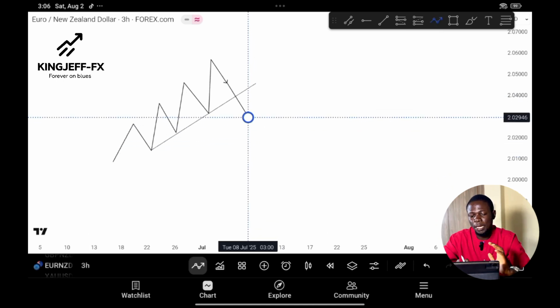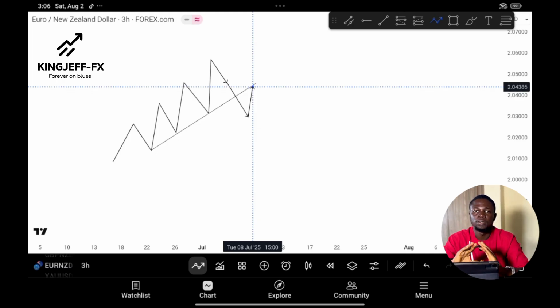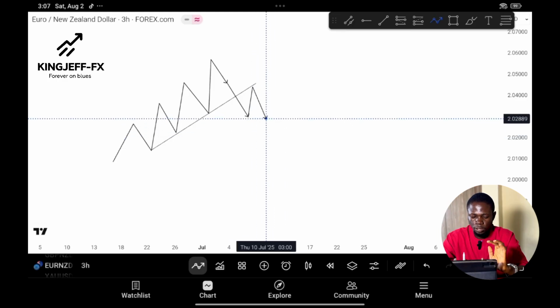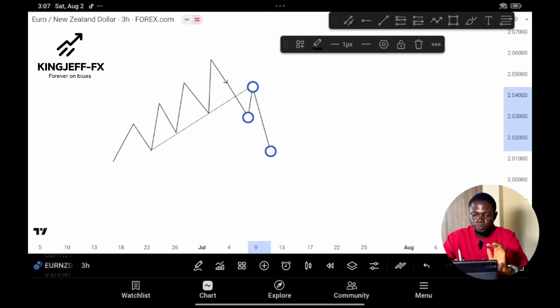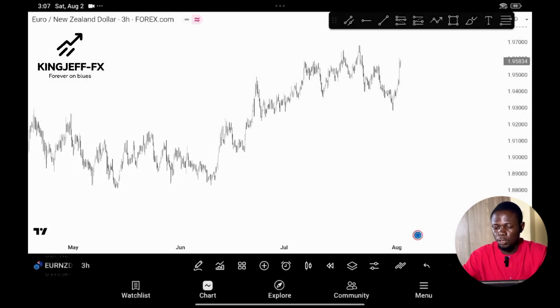It must tap into that trend line. It must touch that trend line first. This is the basic thing you're supposed to know about break and retest. This is a break and retest. Then you fall down, targeting this place over here. You can see it. So let's dive into the real chart of this stuff.